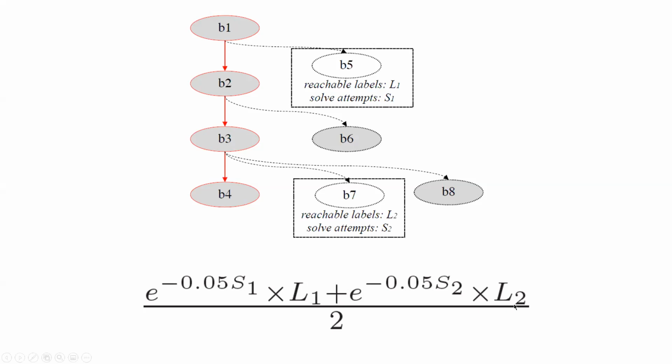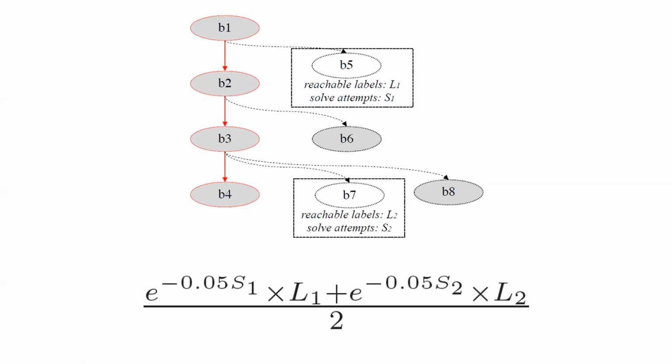So how do the solve attempts work? I understand it's the number of attempts to solve the branch. So in your example, it uses the SMT solver to solve the conditions from B1 to B5 and the condition from B3 to B7, right?